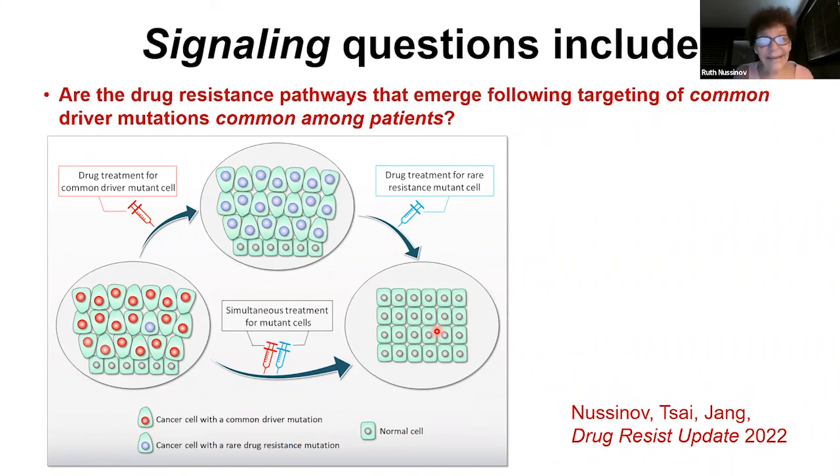And they're treated by a certain drug, and there is a development of drug resistance. What we ask is, would the resistance pathways in one individual be the same as in the other, even though the cancer is the same, and the original mutation in the cell is the same.